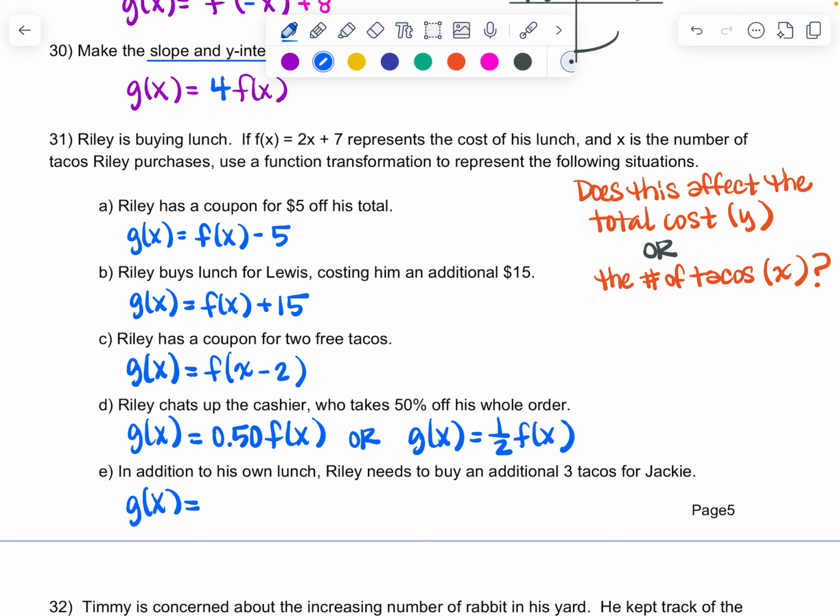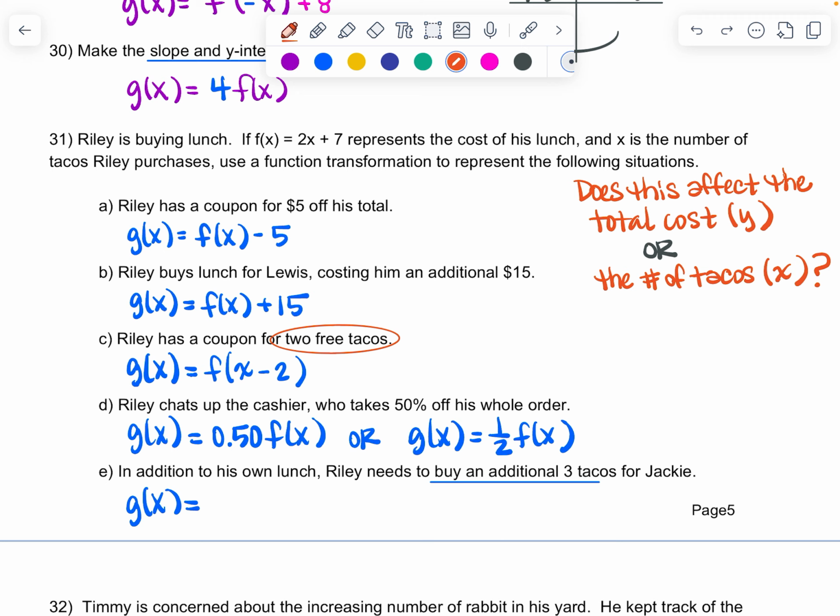All right, last one, g of x. In addition to his own lunch, Riley needs to buy an additional 3 tacos for Jackie. If he's buying additional tacos, that means he's having to pay. Up here, let me just reiterate, let me change colors. Up here, he was getting free tacos, so he was just adding 2 tacos without changing his total cost.